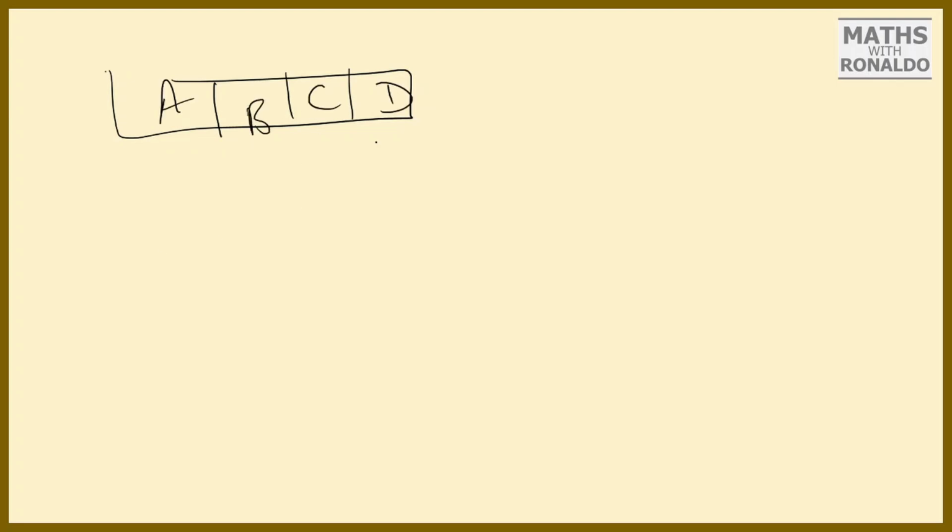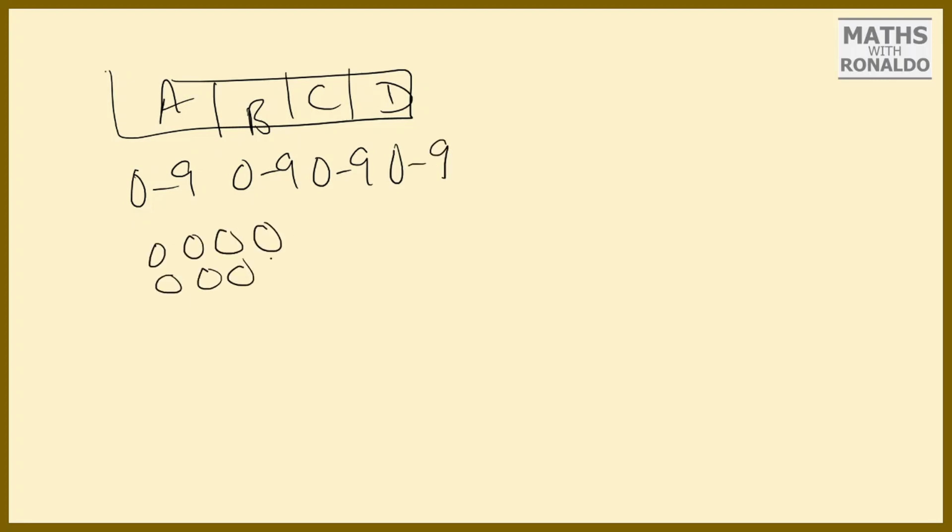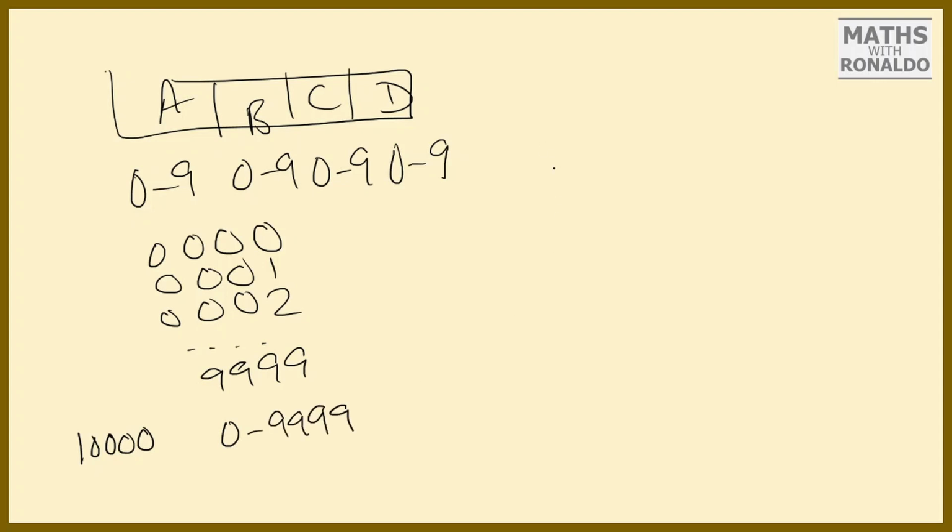Another example to look at is a passcode. So if we have a passcode made out of 4 numbers, A, B, C, and D, well, each of these can be between 0 and 9. So we could start at 0, 0, 0, 0, 0, 0, 0, 1, 0, 0, 0, 2, all the way to 9, 9, 9, 9. Well, you could just say there are 10,000 numbers between 0 and 9999, or you could look at it by a listing strategy.